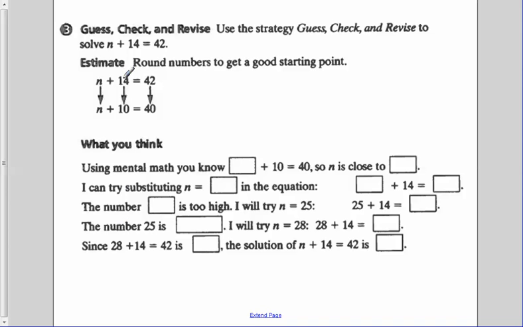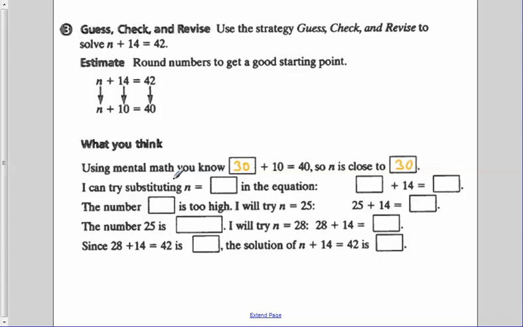So n plus 14 equals 42. Well, 14 and 42, we can add those together, or we can actually subtract them, but when we do that with zeros in the end, 40 and 10, it makes it a little bit easier. So using mental math, we know that 30 plus 10 is 40, so n is close to 30.